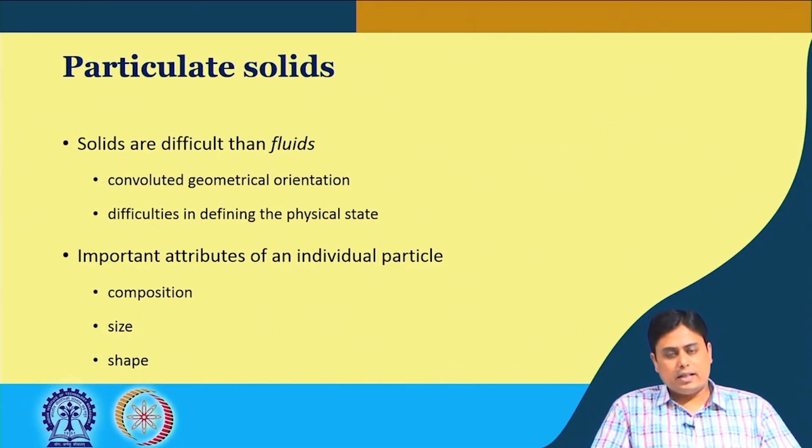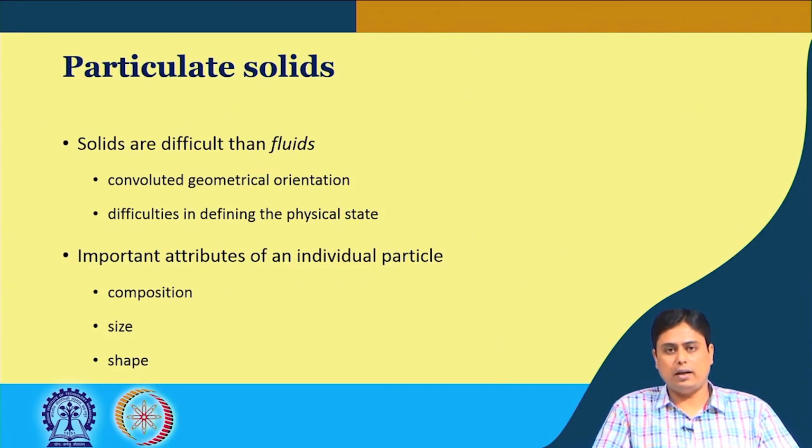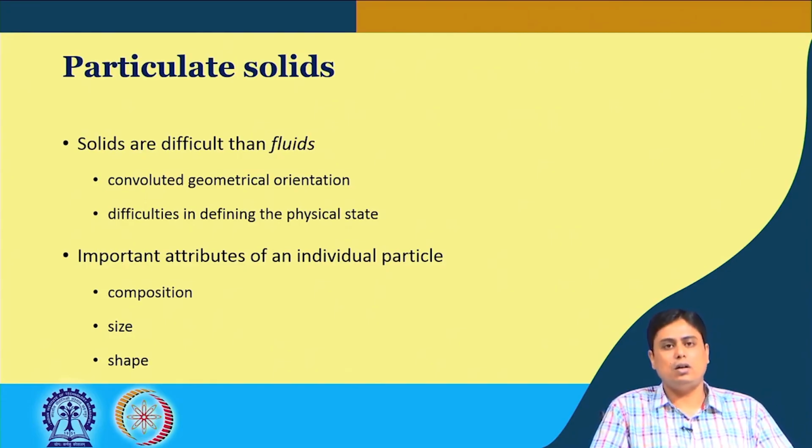Similarly, size and shape are also important features. If it is a regular shape or regular sized particle, then it is easy to define, but in most cases it does not have a particular size or shape.